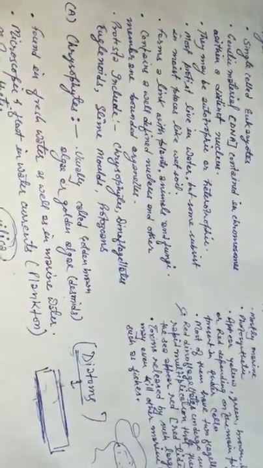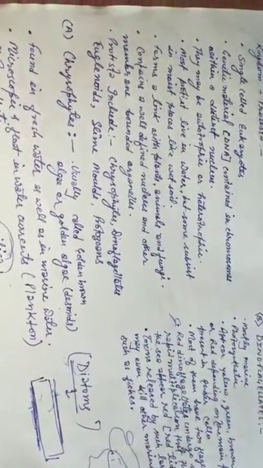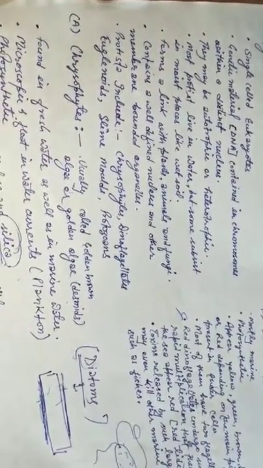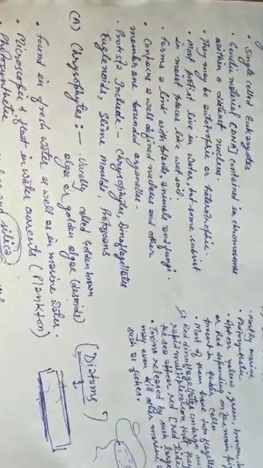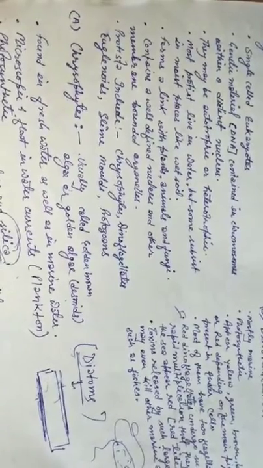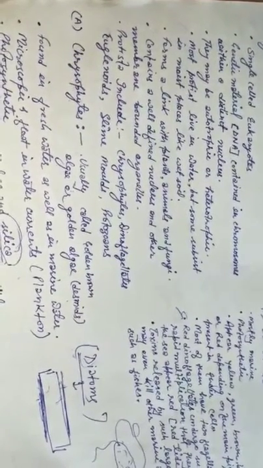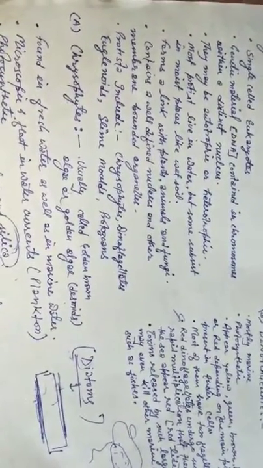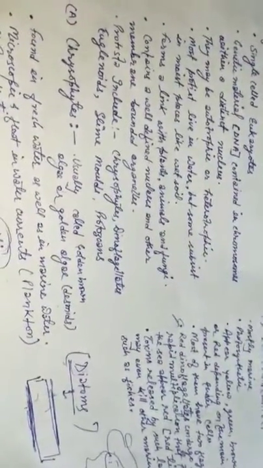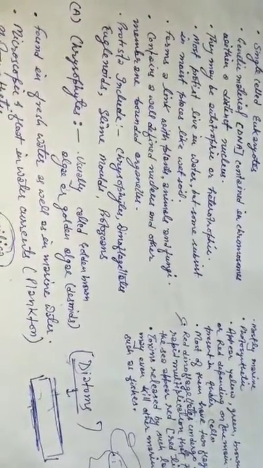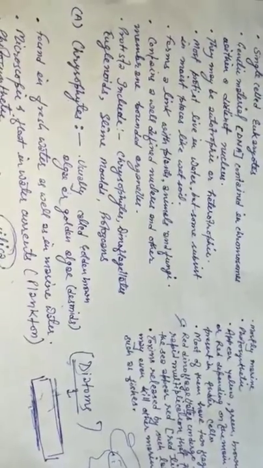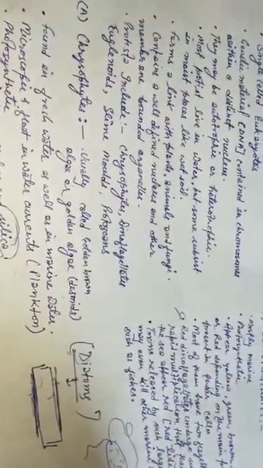Kingdom Protista is divided into 5 subgroups. The first one is Chrysophytes, which are usually golden brown algae or golden algae, also known as diatoms or desmids. These are unicellular organisms having a cell wall.